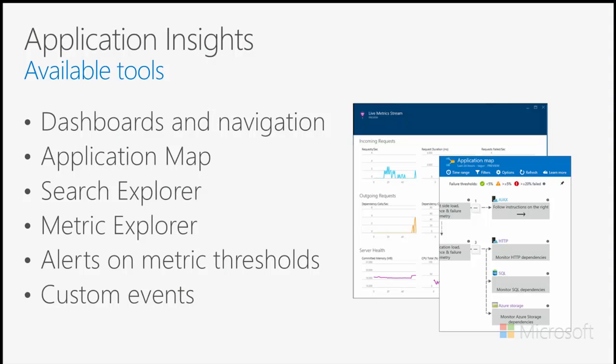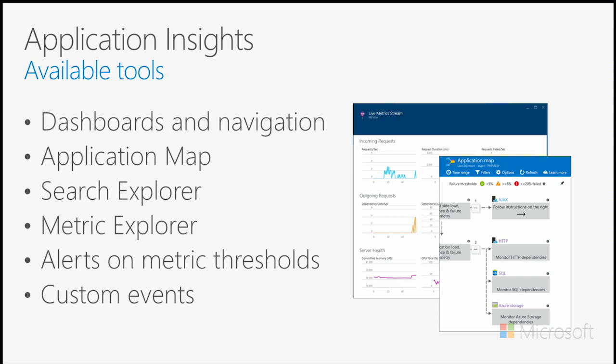There's a bunch of different pieces of Application Insights. There's a dashboard and ways that you can navigate through the structure of your solution. There's an application map that will sort of distribute things between client and server side. There's a search explorer where you can search for values, and a metrics explorer where you can set alerts on metric thresholds. I mean, there's just all sorts of cool things out there.